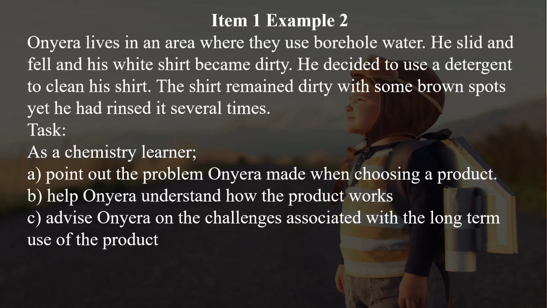So as the fat soluble tail dissolves the dirt, as you continue agitating the fabric, the dirt itself will be dislodged from the fabric. So when you rinse with water at the end of the day, you'll find that the dirt is washed, or the grease is washed away with water. Simple. That is how the product works.